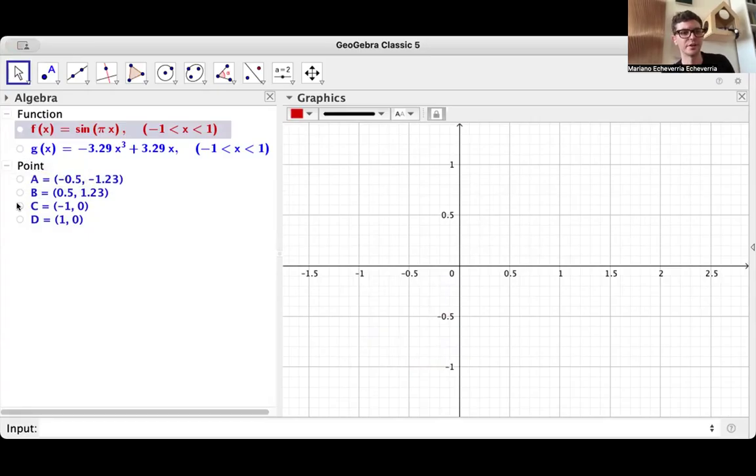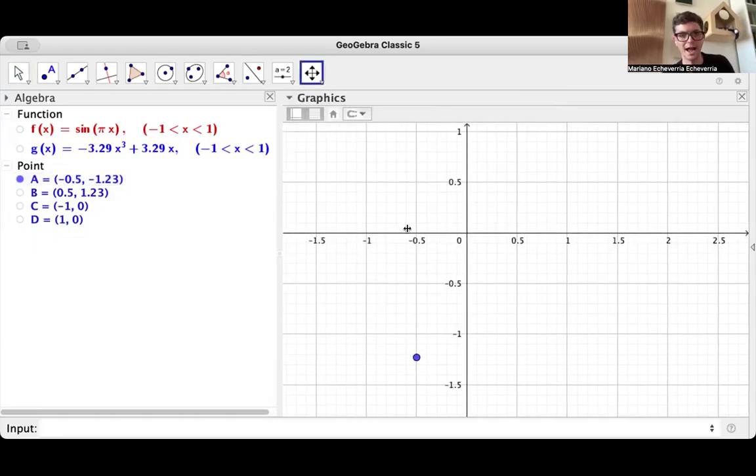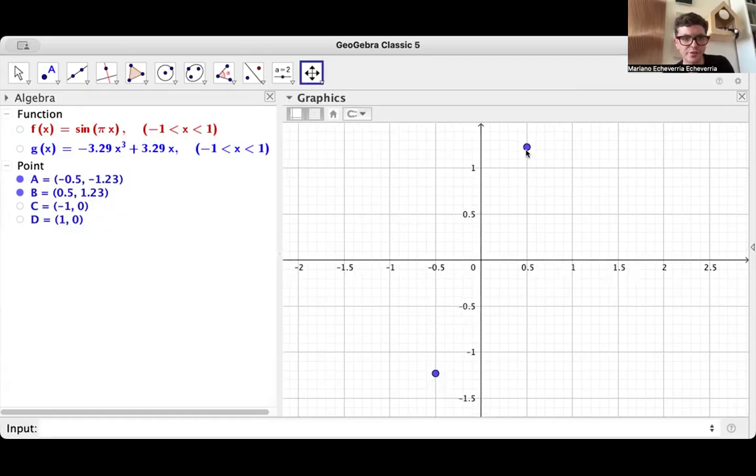If you solve it, you'll find that at -1/2, which is one of the nodes, the value of y1 had to be -1.23, which is what you see here. And at 0.5, the value had to be 1.23. So this is y1 and this is y2.